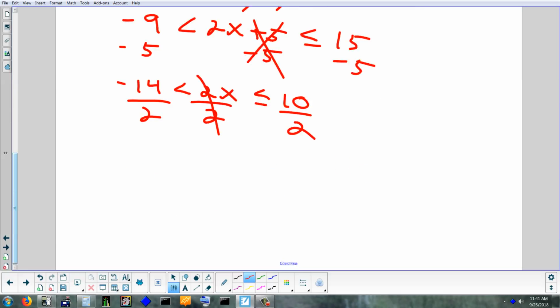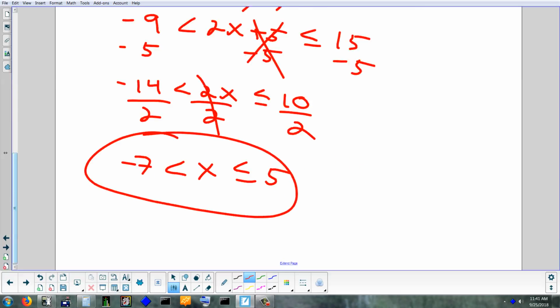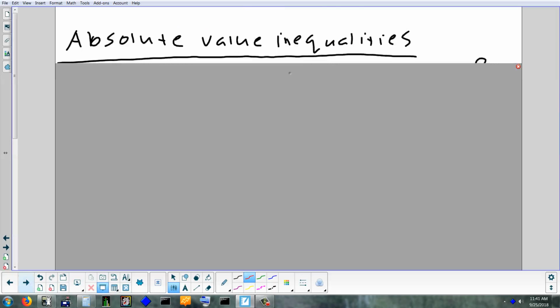So the answer is all values of x that are greater than -7 and less than or equal to 5. Any questions on them? So that's solving a compound inequality.